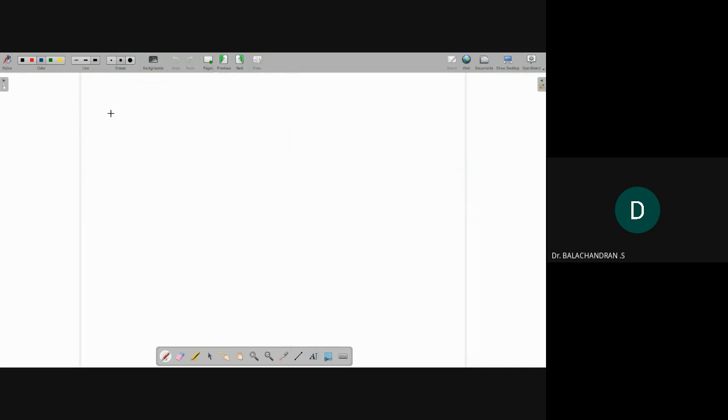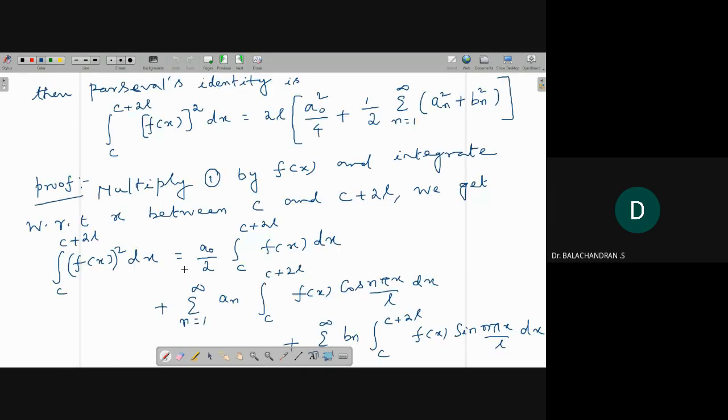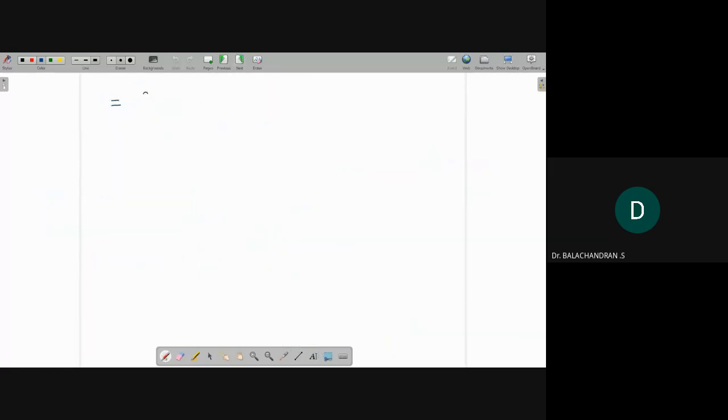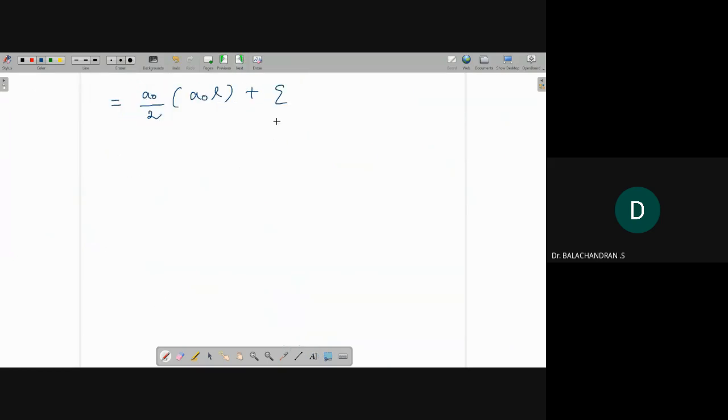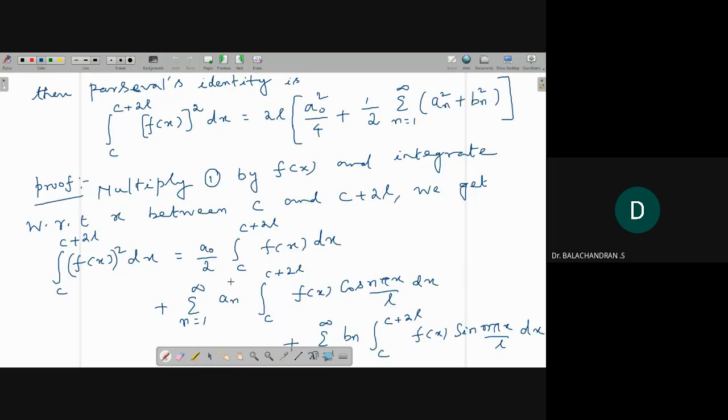Which is equal to a naught by 2 into a naught into L plus summation n equal to 1 to infinity. This summation is common, so that's why I took it commonly. Into an.